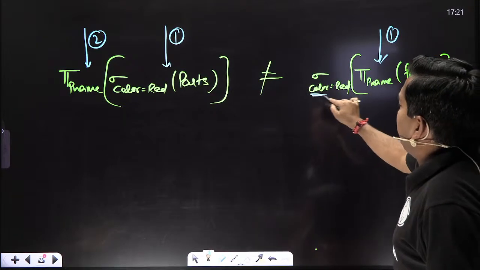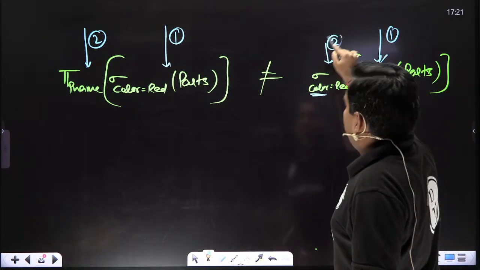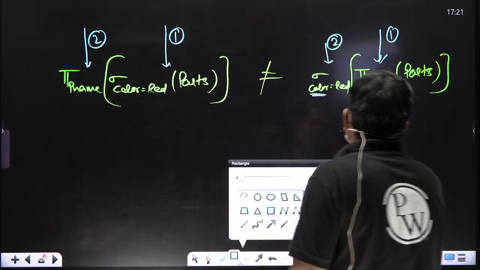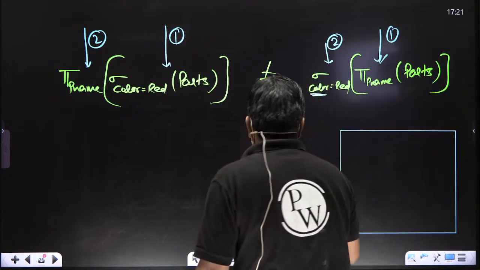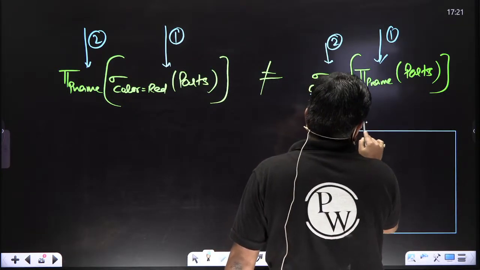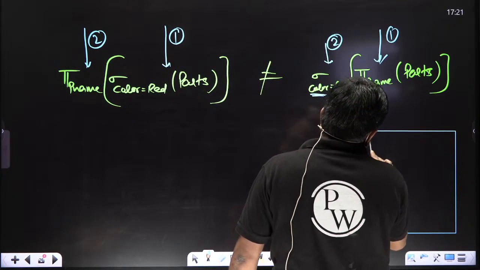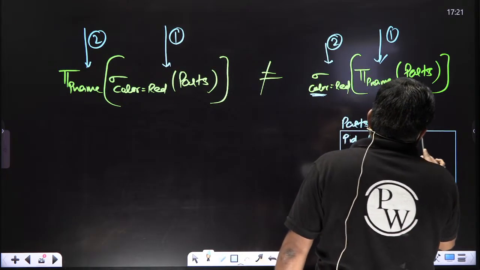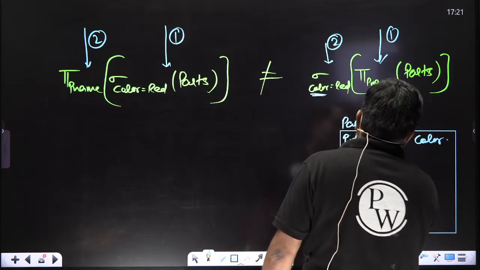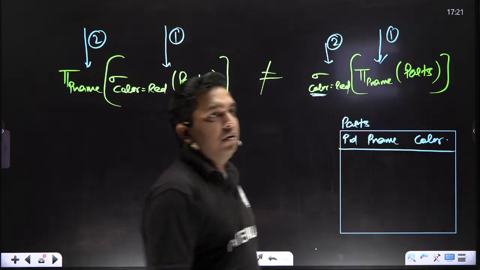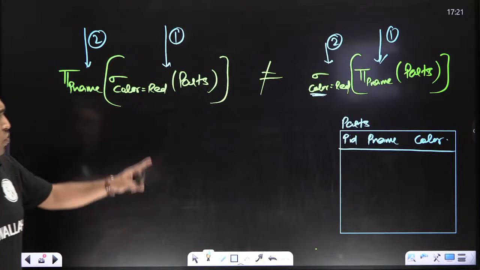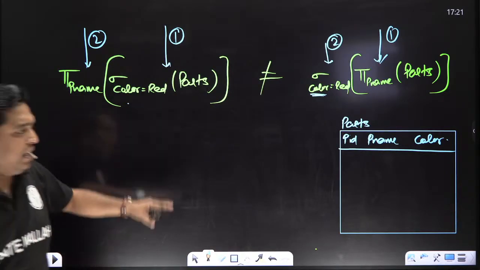Now the color column is not available. There is one table, parts, with parts ID, P name and color. So first you find color equal to red, then you fetch the tuple.